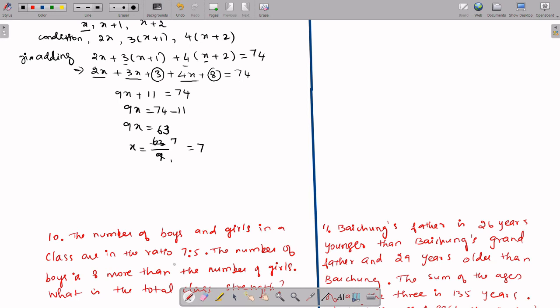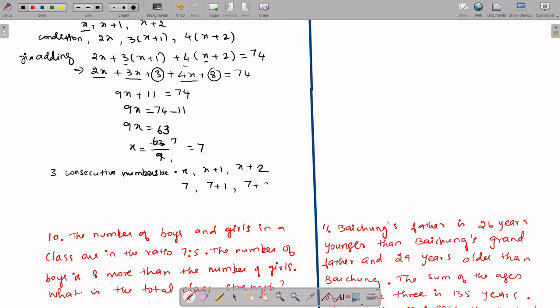So the three consecutive numbers in increasing order are x, x plus 1, x plus 2. We have x is 7, and 7 plus 1 and 7 plus 2.